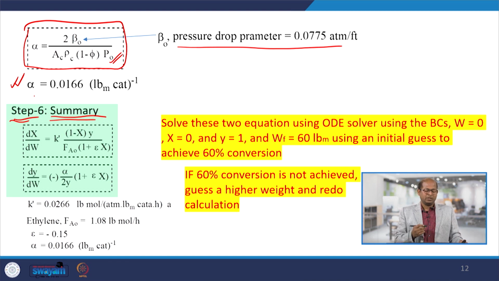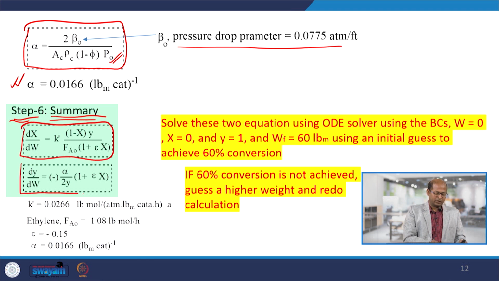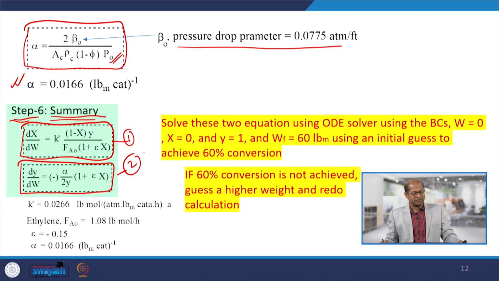Once it is given, we can solve the differential equations easily. That helps us simplify the equations and get error-free solutions. These are the two equations I have already discussed: one from the design equation and one from the argon equations we have derived.